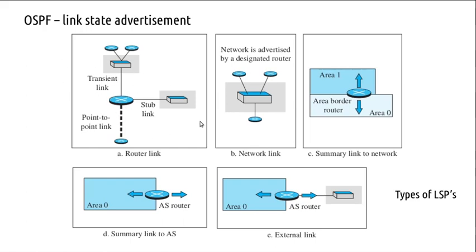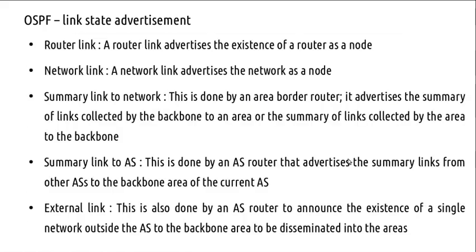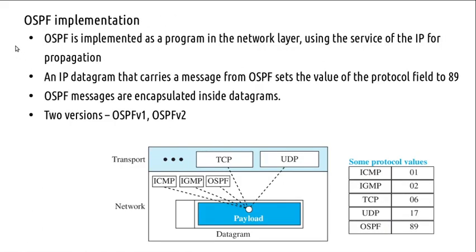You have the mental picture of what is happening. So network, router, network, area summary, and then autonomous system summary and external link notification, such things, right? Then it is implemented in the network layer, unlike your RIP.